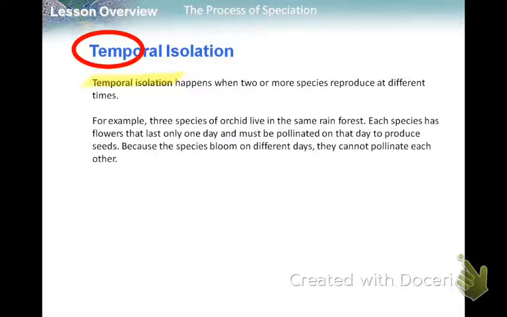So this is a reference to time. Two or more species reproduce at different times. In this example, there are three species of orchid. The flowers only last one day, and they have to be pollinated on that particular day. Because the species bloom on different days, they can't pollinate one another, and we see this divergence.